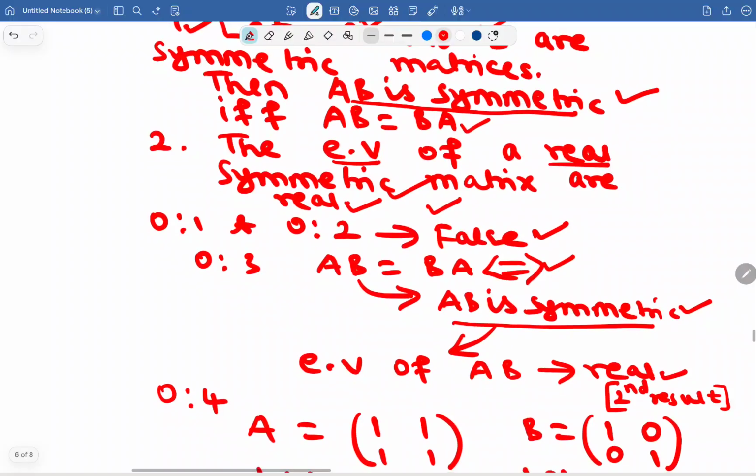Therefore, AB equal to BA means AB is symmetric, and once AB is symmetric, the eigenvalues of AB are real from the second result.